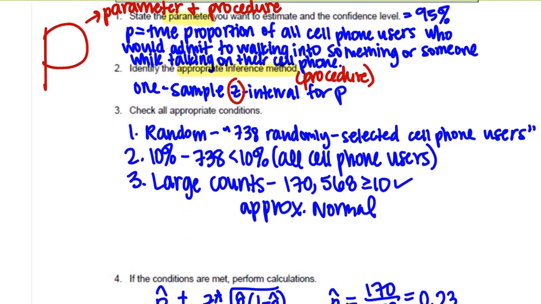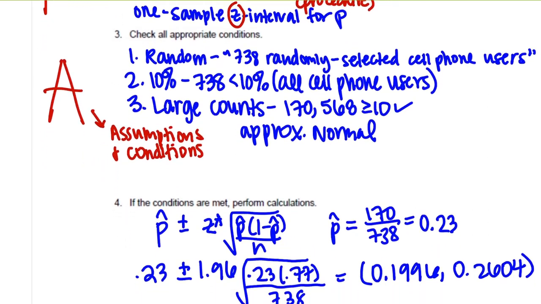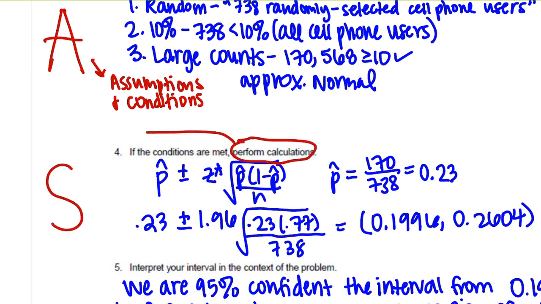Okay. Next, we checked our conditions. I like to label that as the A in PASS. And so A, to me, stands for assumptions and conditions, really just conditions, but PCSS isn't as catchy as PASS, so PASS. And so we have our same three, random 10%, large counts. Then once the conditions are met, perform calculations. So that's the S. Perform calculations is going to be called statistical work.